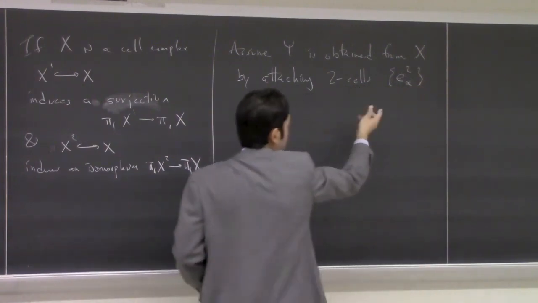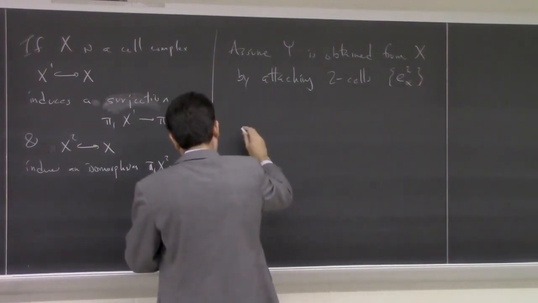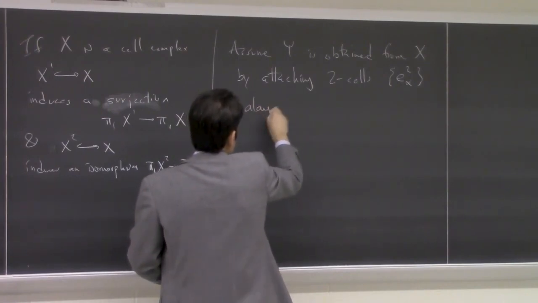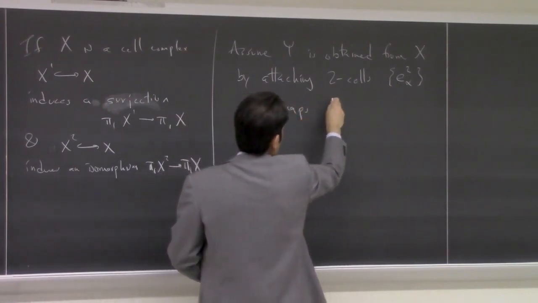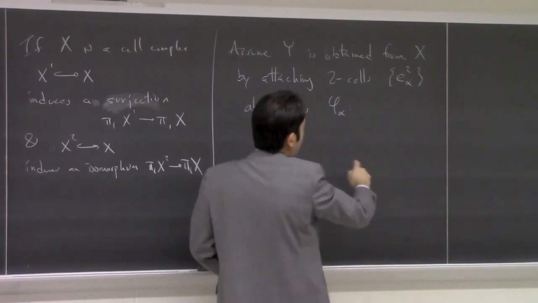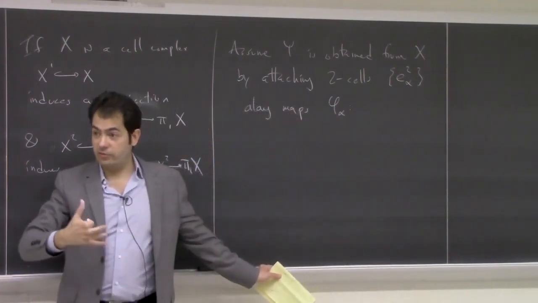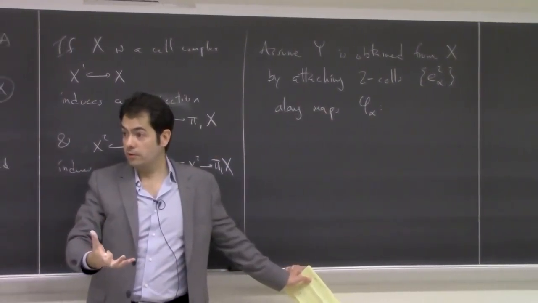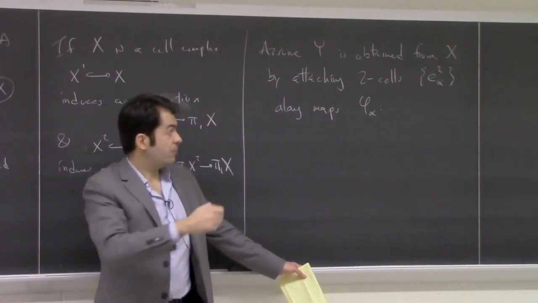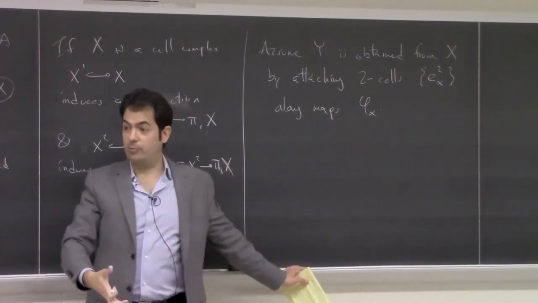All right, so indexed by alpha along maps phi alpha. So remember, every two cell is just a two-dimensional ball, and you attach it by a map from the boundary of that ball into your space. Right?